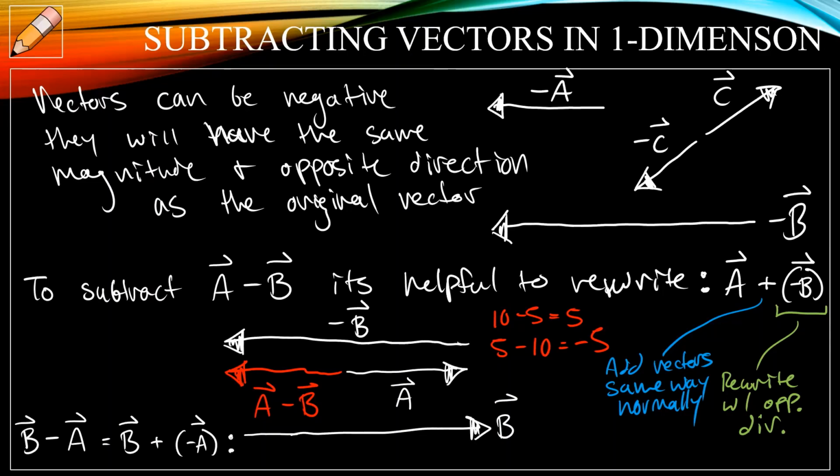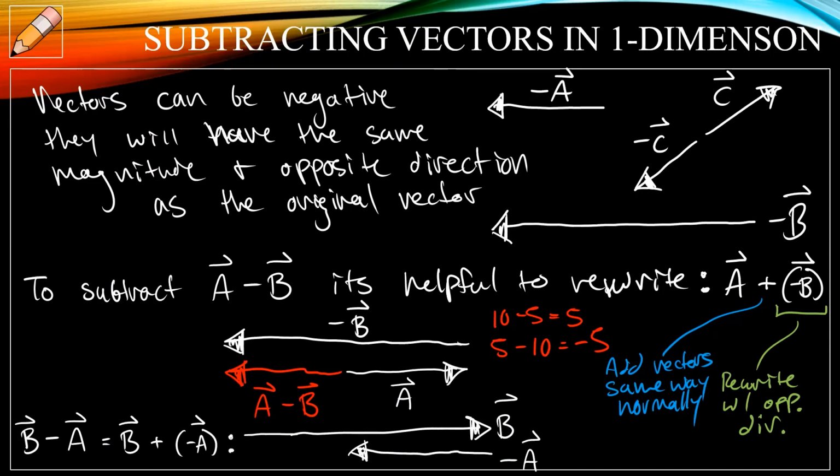Whenever I add these two vectors, I would start at the tip of b, and I would place the tail of vector negative a at the tip of b. So my vector negative a would look like this. That's the vector negative a.